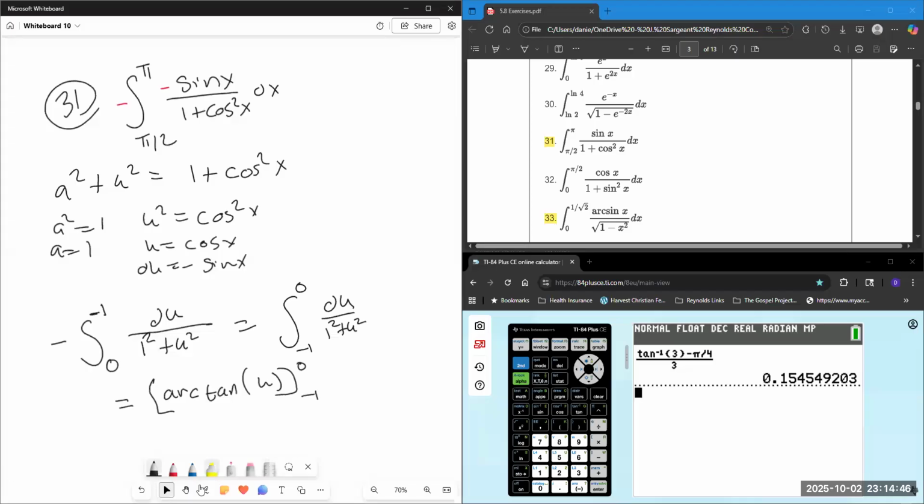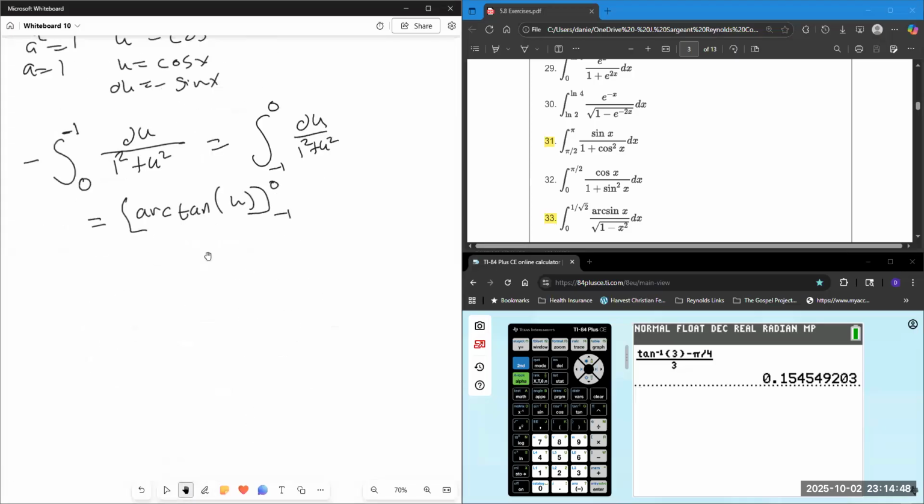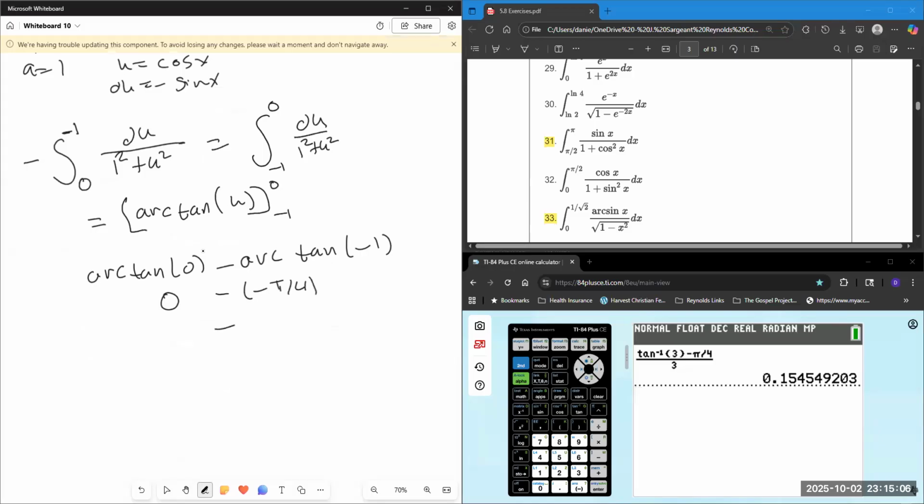So that is arc tangent of 0 minus arc tangent of negative 1. Arc tangent of 0 is 0. Arc tangent of negative 1 is negative pi over 4. So that's going to evaluate to be pi over 4.